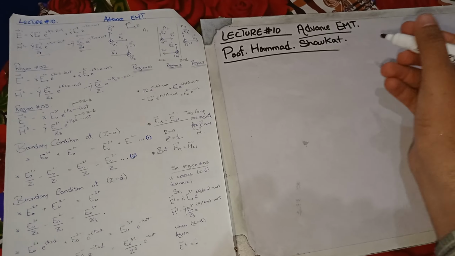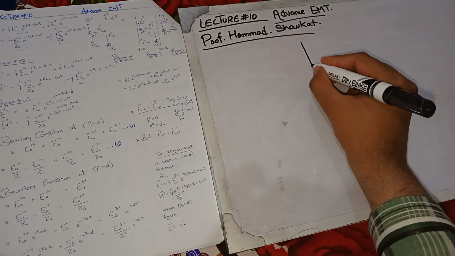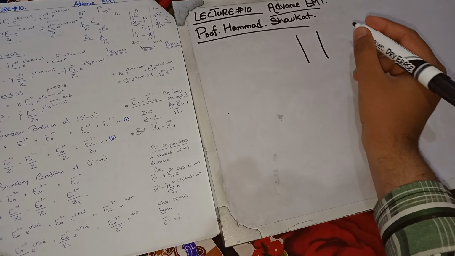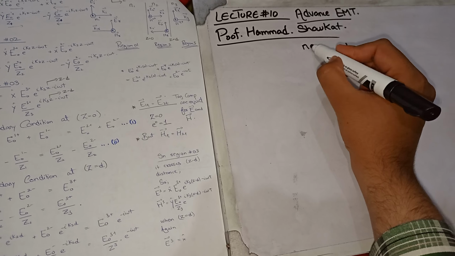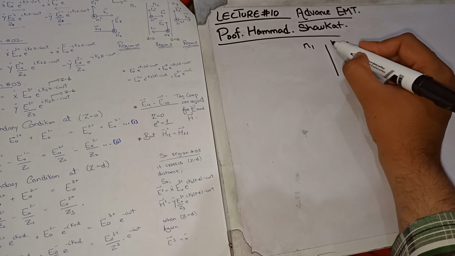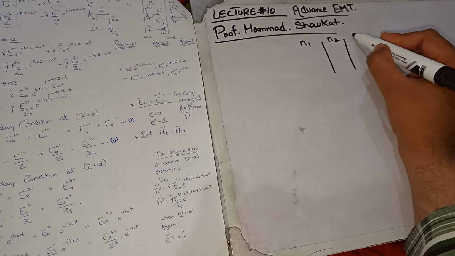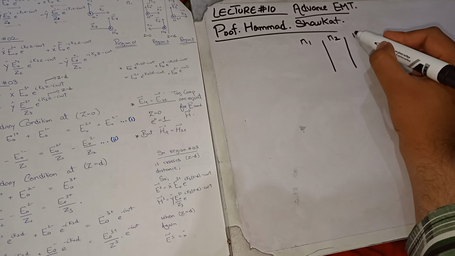As you know, we have three regions. Here we have region 1, you can say N1. Here is region 2, N2, and here is region 3, N3, where N is the refractive index of the medium.